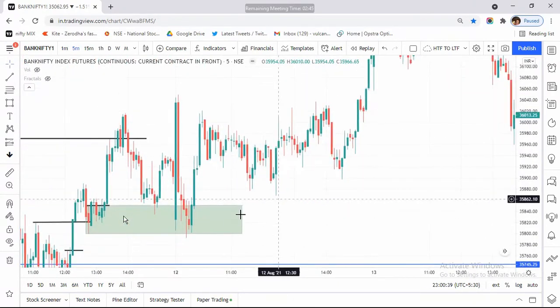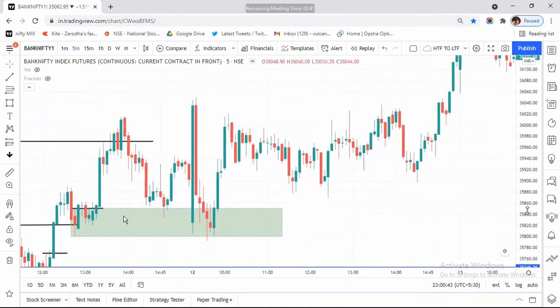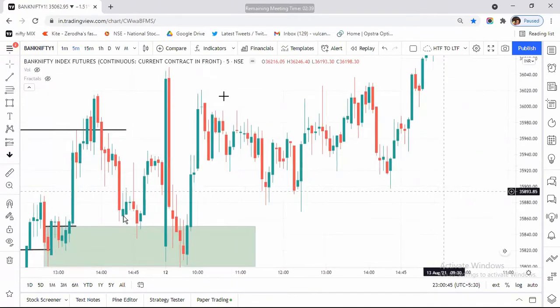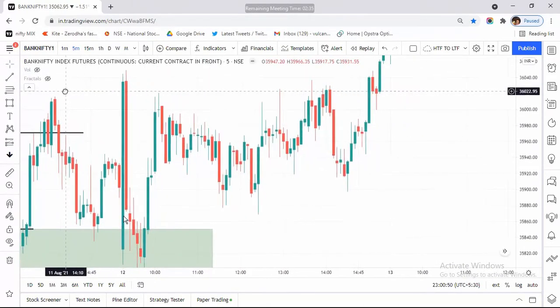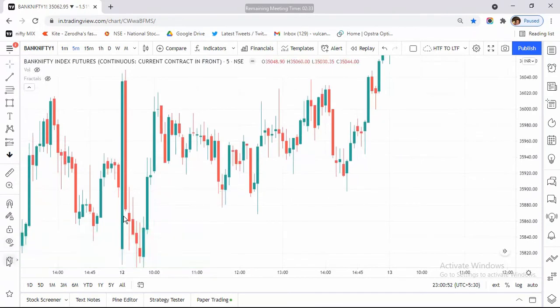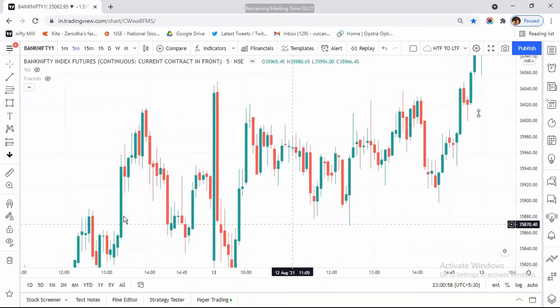Now here. Can you see the swing high and swing low? Where is the swing high and swing low? This is tough now, because if you do not practice this in the live market, you will not be able to do this.